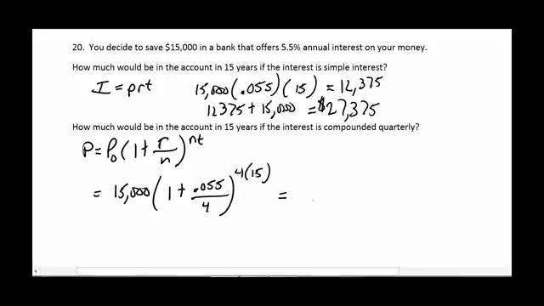All right, and we get 34,036.37. So obviously we make more money the more times they look at our account than if they just look at it once a year.